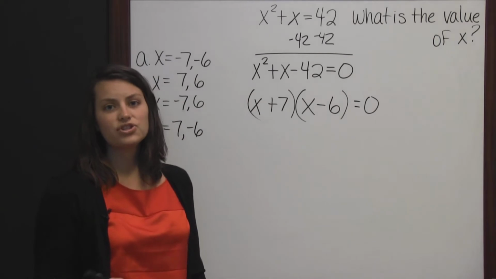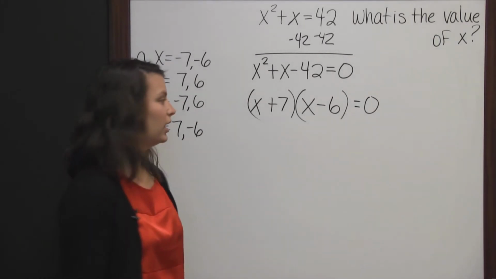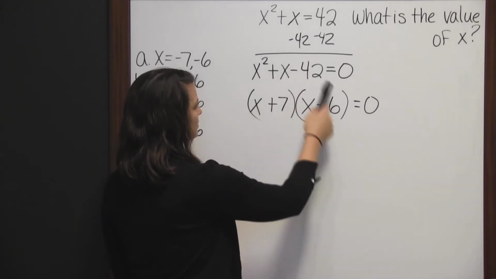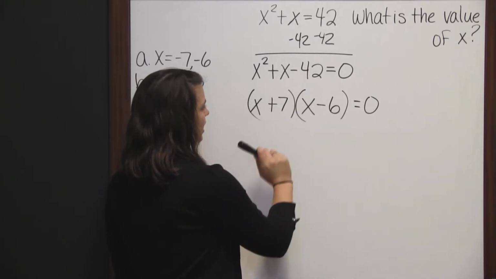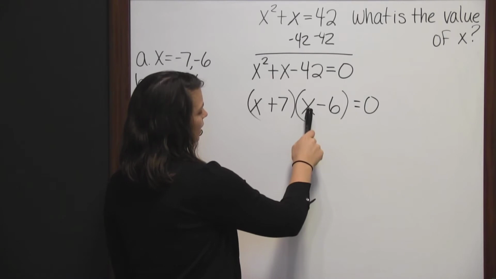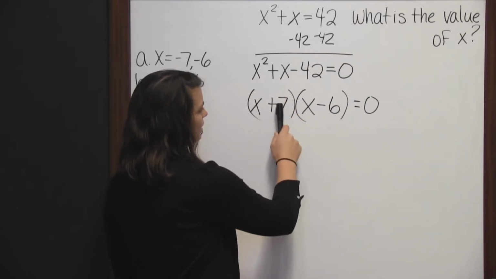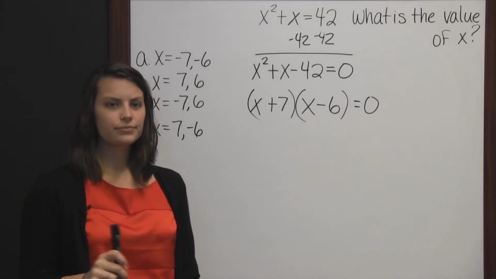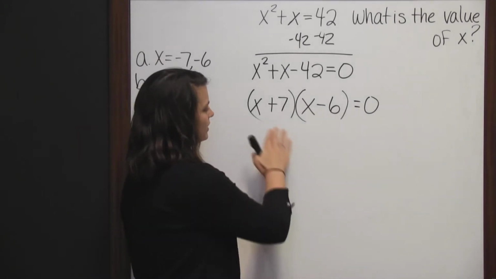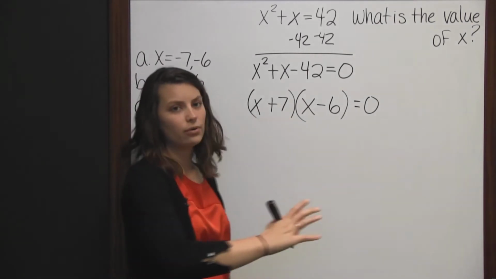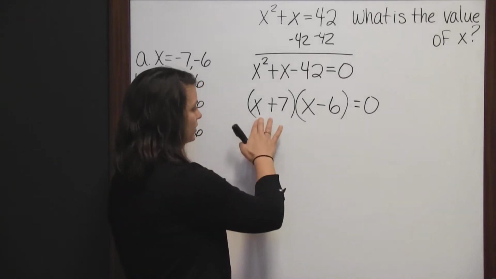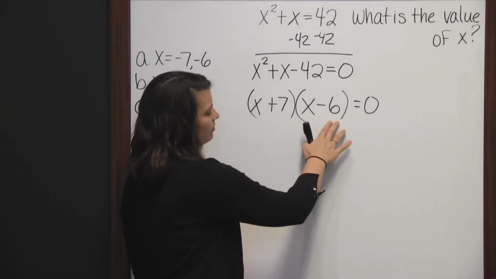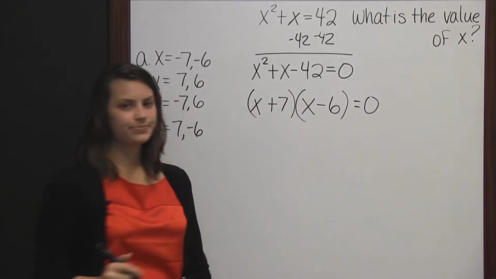You can always check your factoring by foiling. x times x is x squared. x times negative 6 is negative 6x. Plus 7x is x, and 7 times negative 6 is negative 42. What I have now is that some number, and I don't know what it is because I don't know what x is yet, times another number is 0.